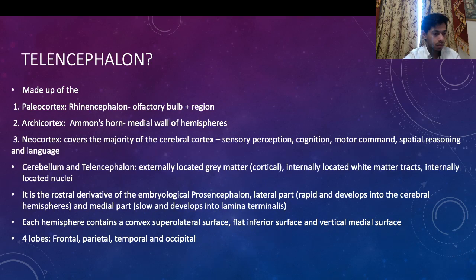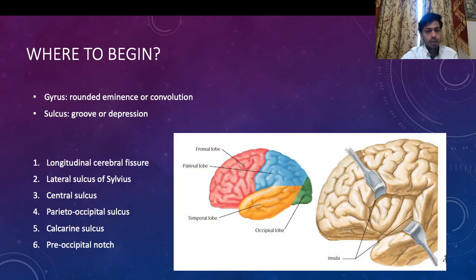So let's get on to where to begin. Let's say you're in dissections and you've been given a brain to describe. Where do you begin? The way to begin is to define first these two terms. What is a gyrus?